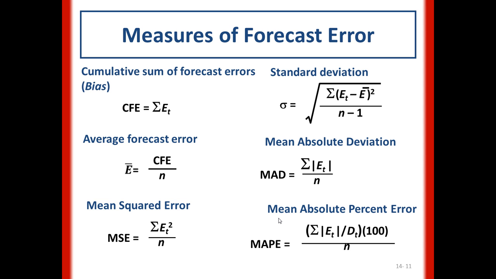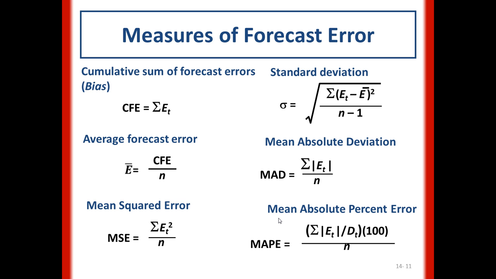Mean absolute deviation equals the sum of absolute error divided by n. Mean absolute percent error equals the sum of absolute percent error divided by n.